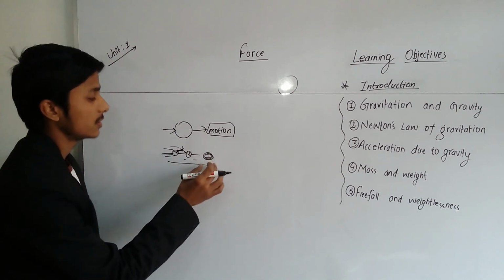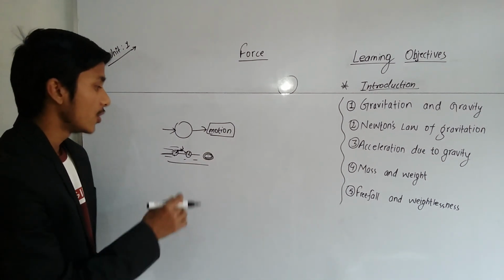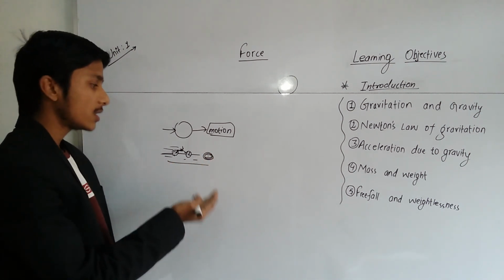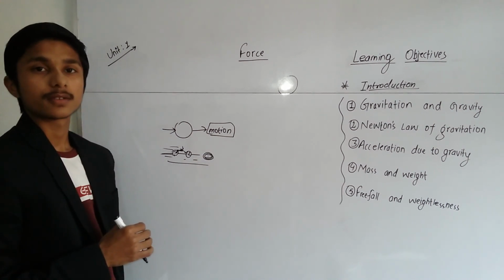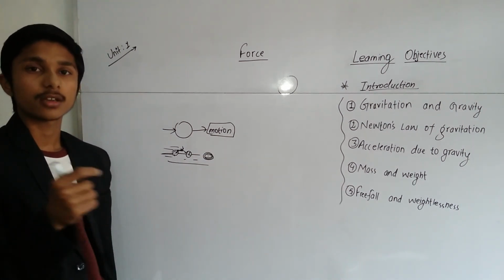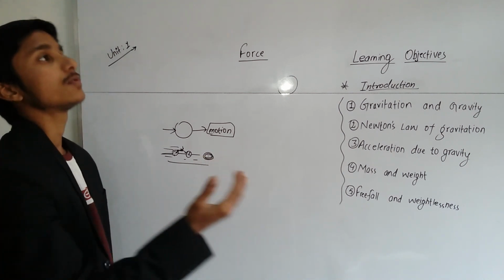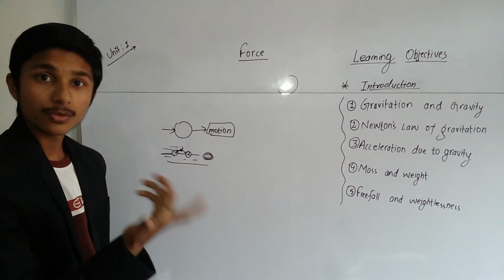This is due to force. And when we apply force, the body suddenly comes to rest or tends to come to rest due to the action of force. This is also due to force.